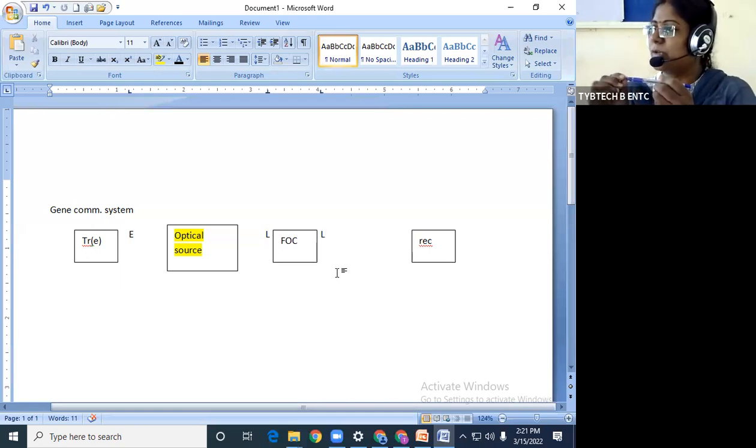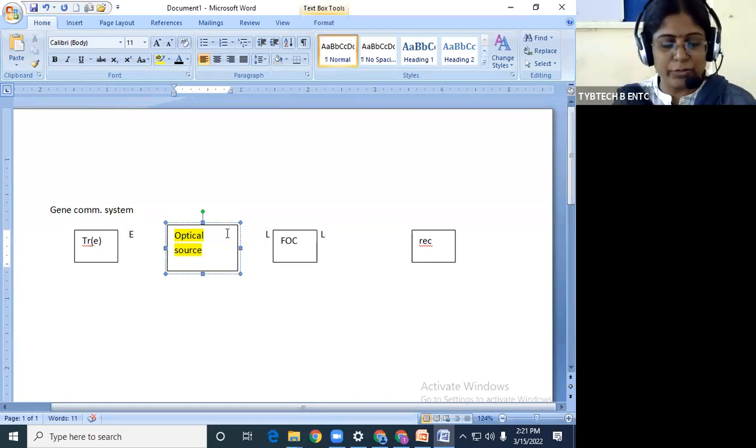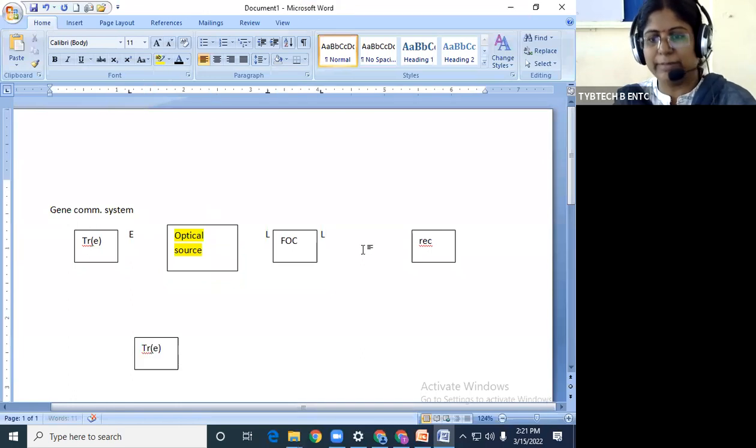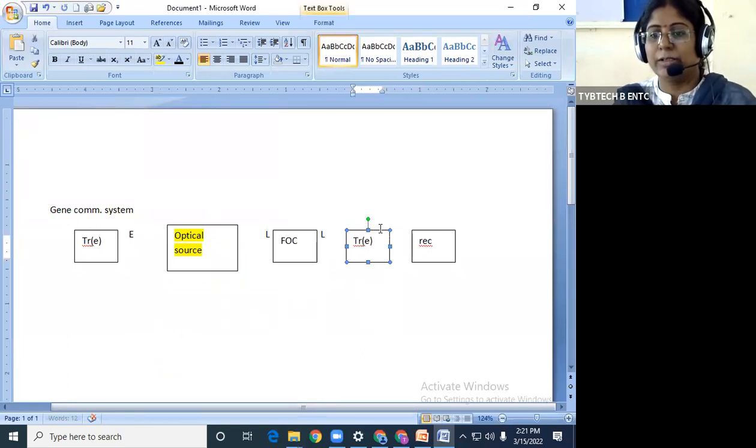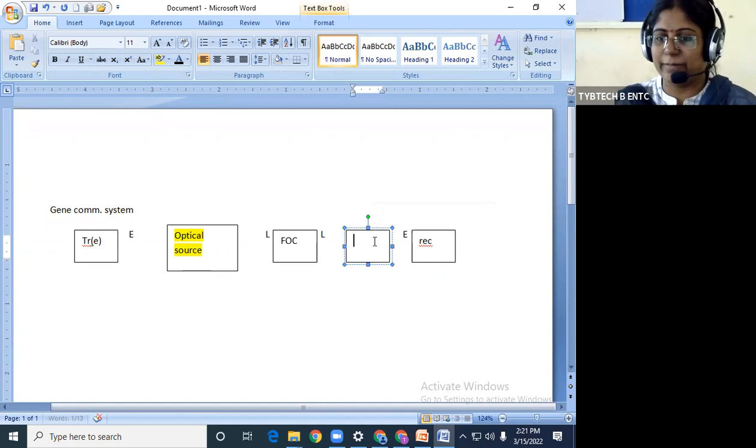Again at the receiver, at its end, what form will the signal arrive in? In the form of light. But this light you cannot directly give to the receiver. Again, in which form is the basic signal? Electrical. So here again you need a block which is converting this light signal again in the form of what? Back into electrical. So what is this device called, which is converting?